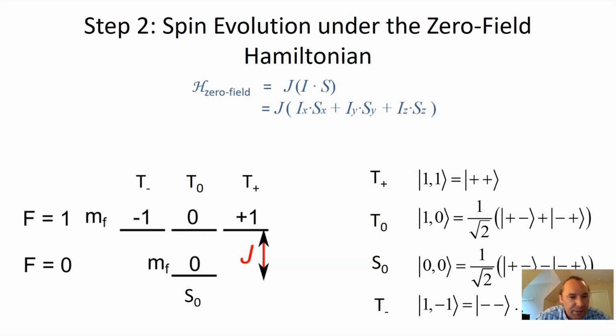Those are the singlet states and the triplet states. So if you calculate the eigenvalues of this Hamiltonian, what you will find is a singlet state of lower energy and three triplet states of higher energy. And their separation is exactly equal to this J coupling.